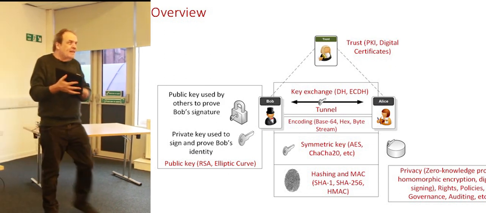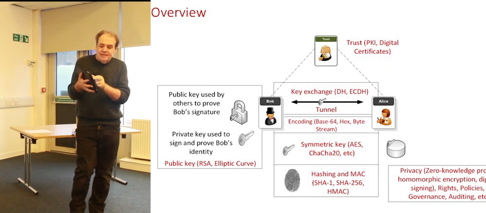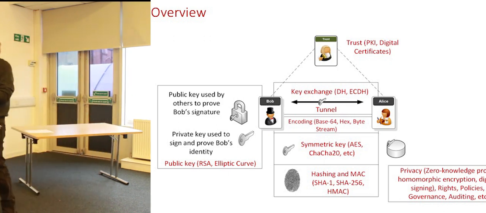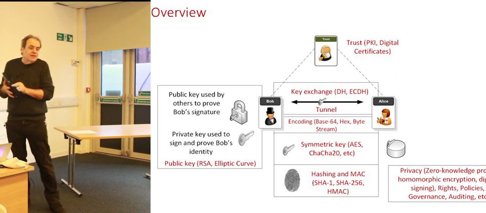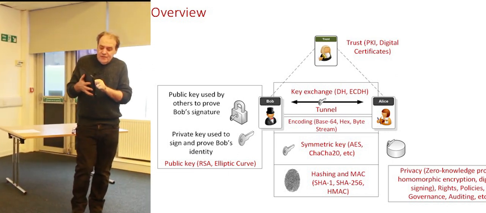So it's the symmetric key that's actually doing the protection of the data. And we need to make sure that Bob and Alice, if they're exchanging data, have the same key, and that every single time that they connect, a new key is created. So we have our key exchange fitting in there.